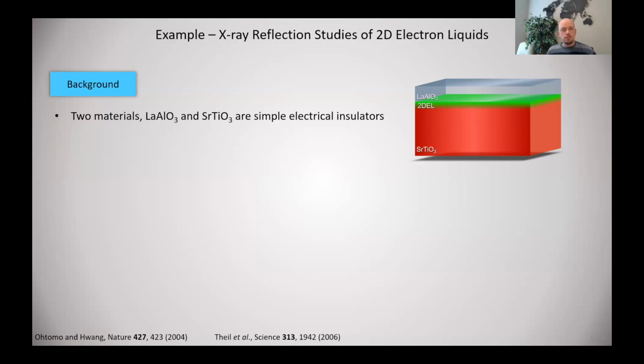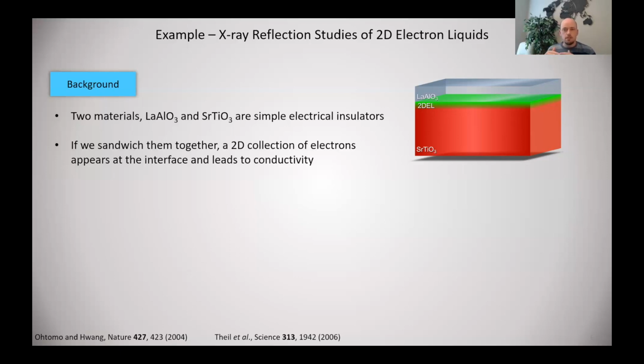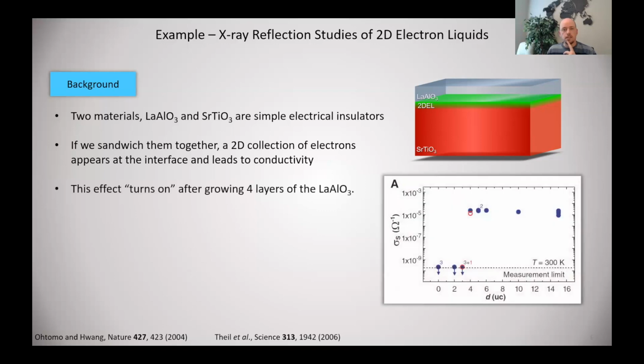But it was discovered that if we sandwich them together, really at the atomic level, interface these two materials together, the interface between them becomes conducting. It will conduct electricity because this two-dimensional sheet of electrons accumulates at this interface. It's really a fascinating discovery, taking these non-conducting materials and forming a conducting interface.